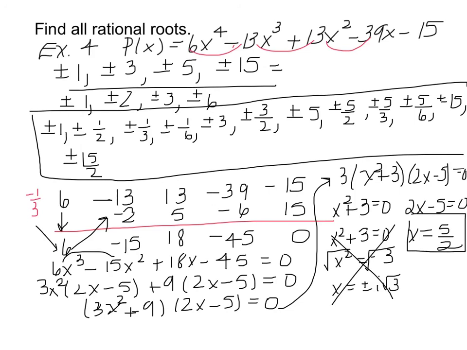So my only rational roots are negative 1/3 and 5/2. And then you're done. So if it says rational, you cannot use irrational numbers. The square root of a negative number is irrational because you have the imaginary number i. And that's it.